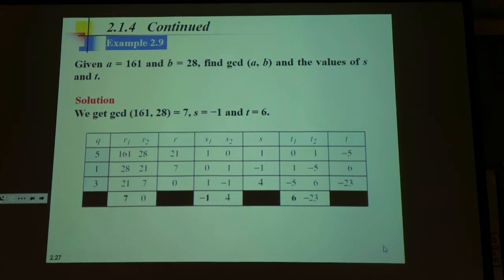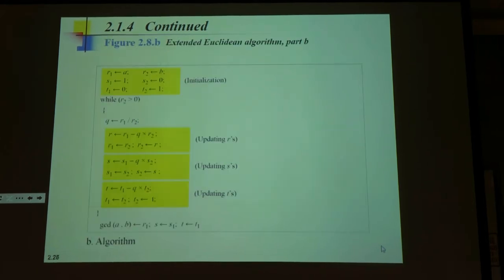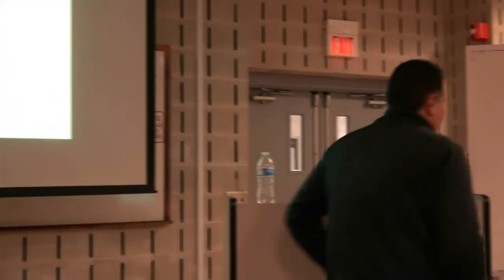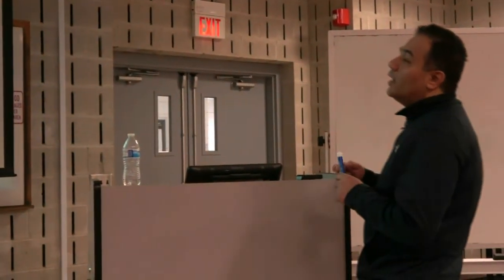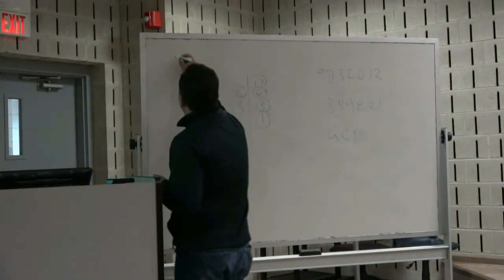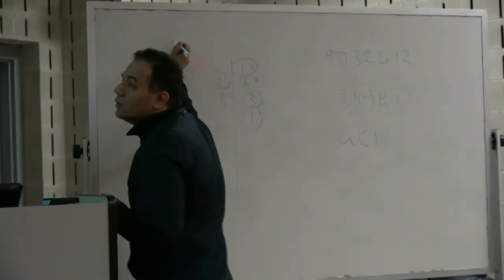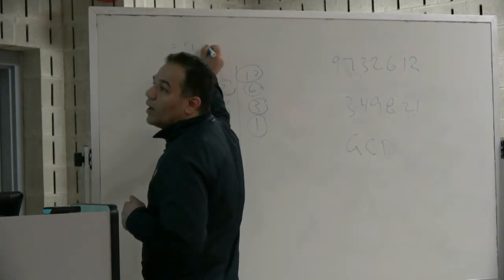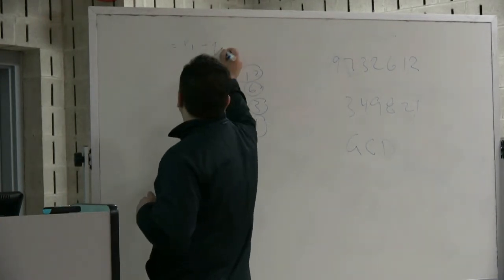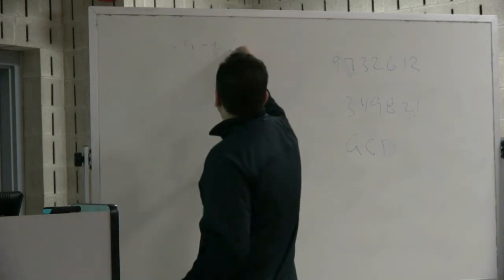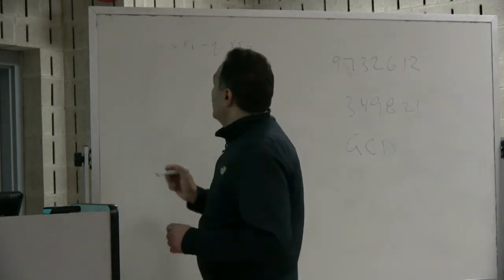Okay, so let me write it for you. So you have R equals R1 minus Q times R2.